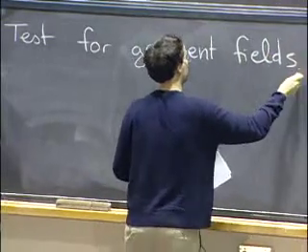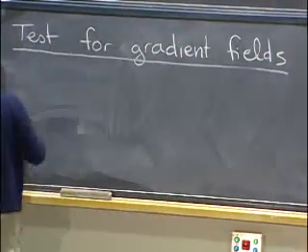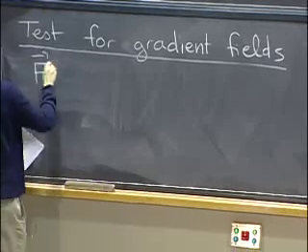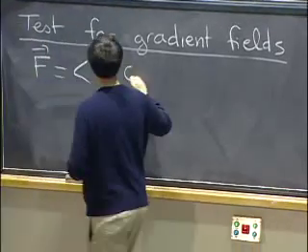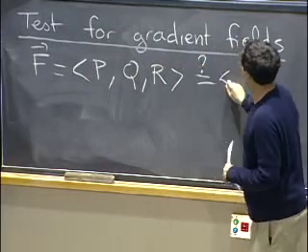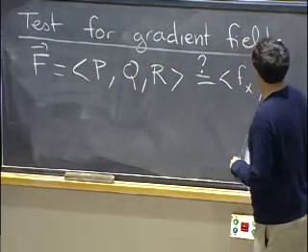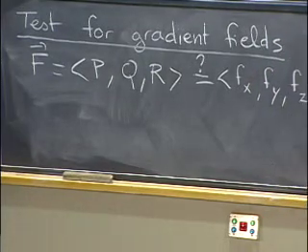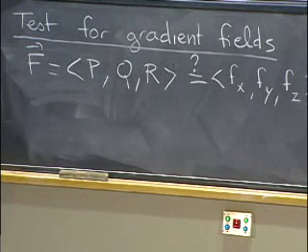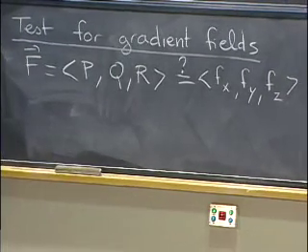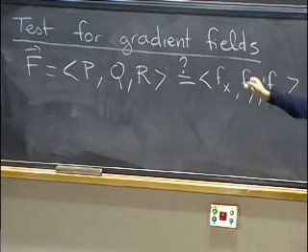What's our test for gradient fields? So we want to know whether a given vector field with components p, q, and r can be written as f sub x, f sub y, and f sub z for the same function f. And for that to possibly happen, we need certainly some relations between p, q, and r.